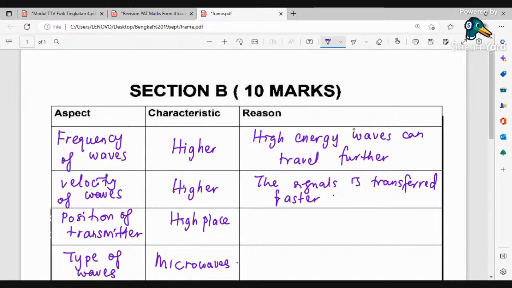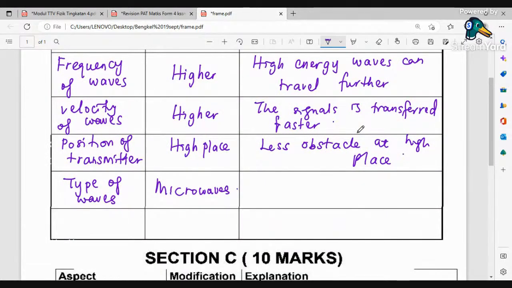Position of transmitter, high place, because less obstacle. Okay, microwaves can travel in vacuum. Okay, if you want to write can travel further distance of second.